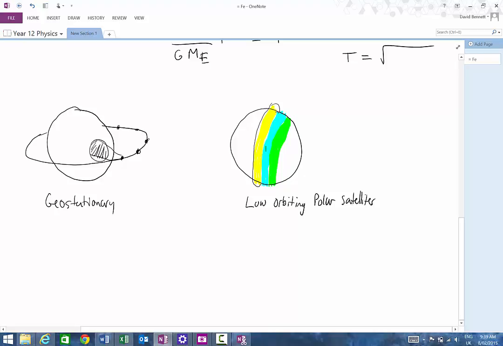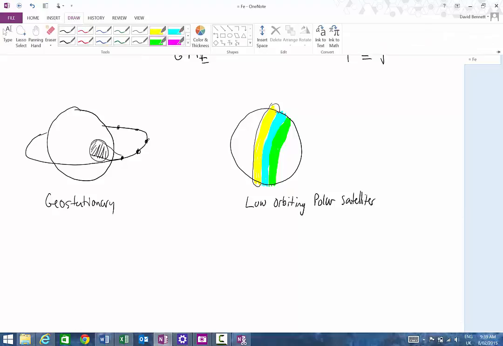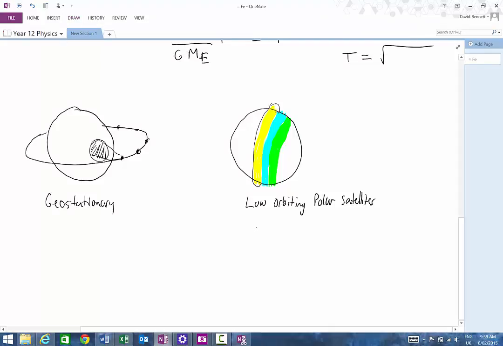The benefit of the low orbiting satellites is that they are close. You get high definition pictures, and they sweep a strip of the Earth.